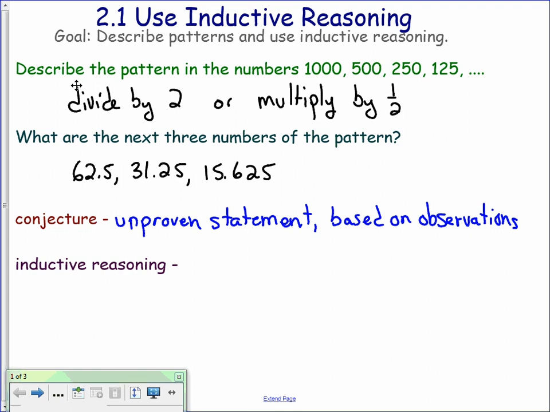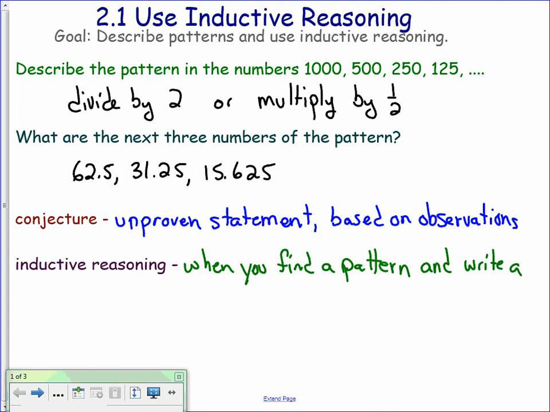And inductive reasoning is when you find a pattern and then write a conjecture for the general rule.